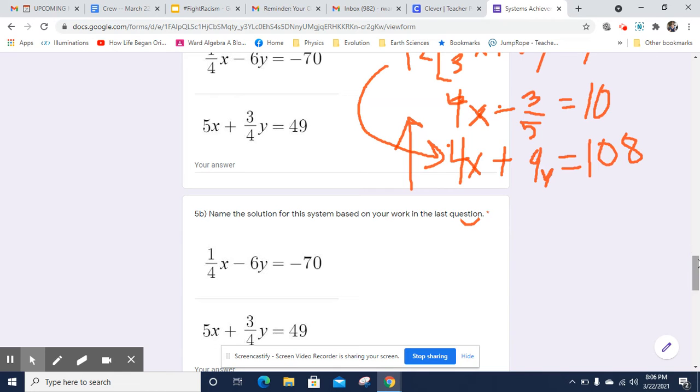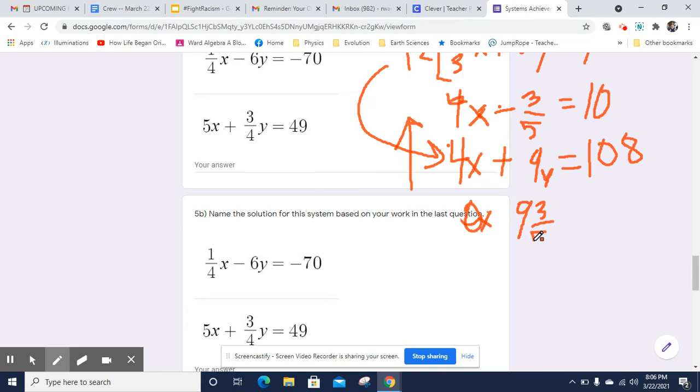So 4x minus 4x will be 0x. It doesn't matter which way you subtract, as long as you keep it consistent.